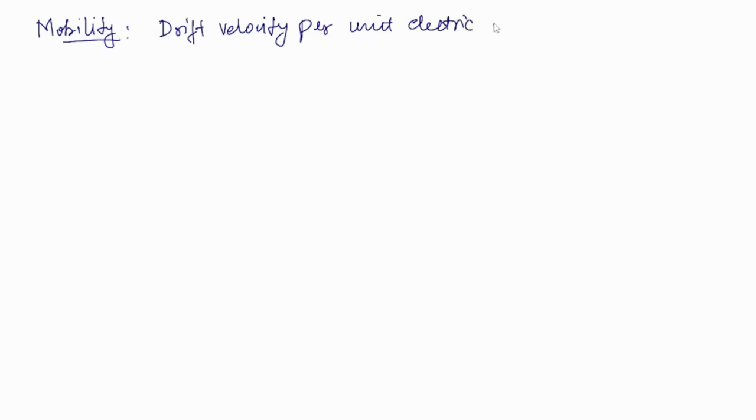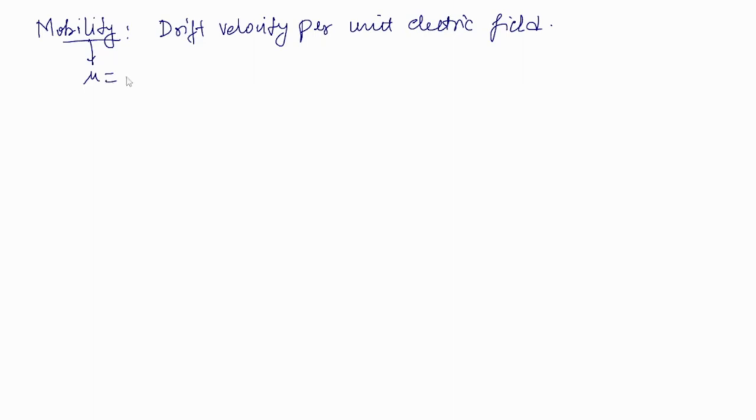Now the next term is mobility. Mobility is defined as drift velocity per unit electric field, and this is represented by mu.